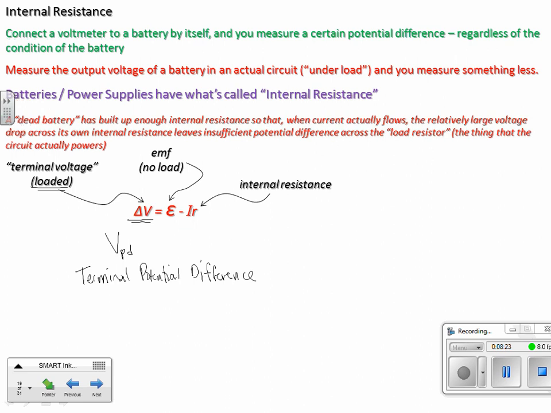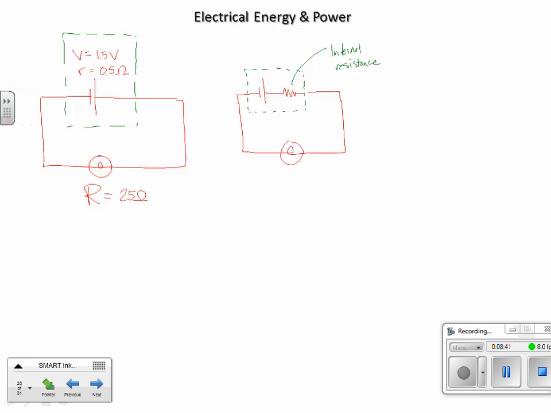Well, what you're actually going to get out of the battery depends on the EMF of the battery, what the battery is actually capable of, and how much current actually flows, and how much internal resistance the battery has.